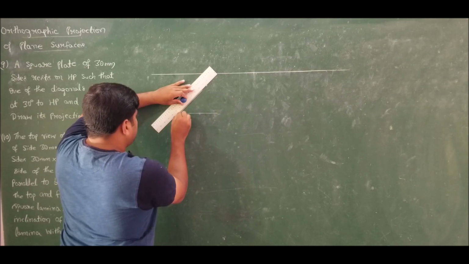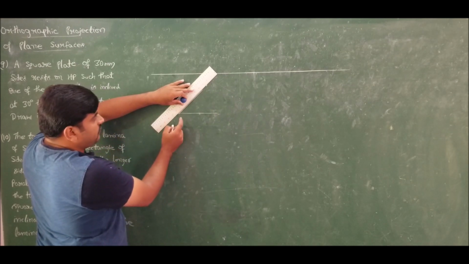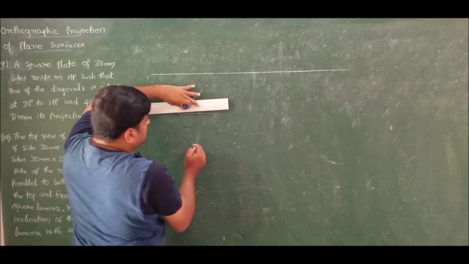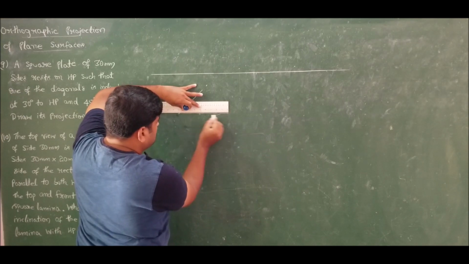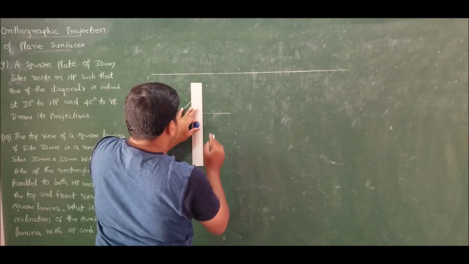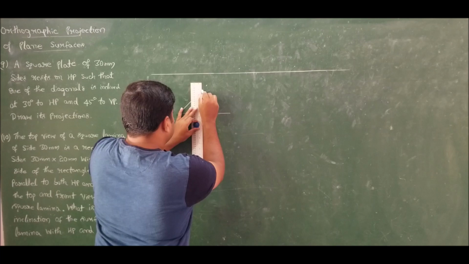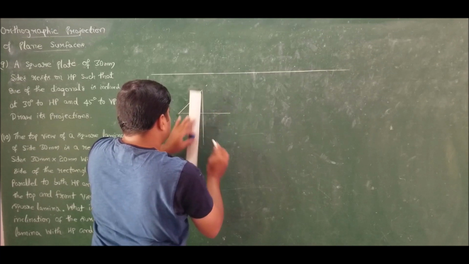I have drawn 30 mm. So this angle is 45. I have taken a reference and measured 30 mm. Now we extend this further and also drop a vertical construction line from the end of the 30 mm line, like this.